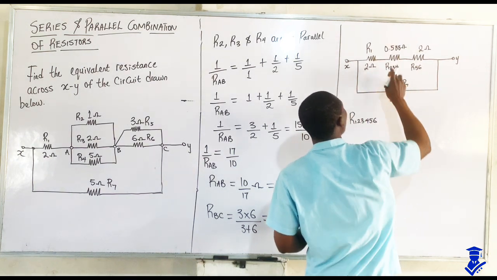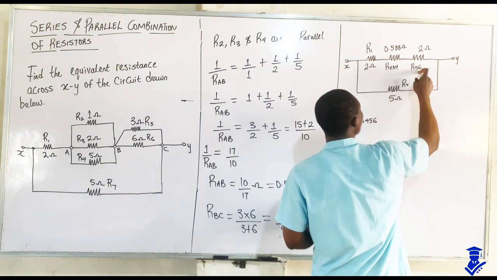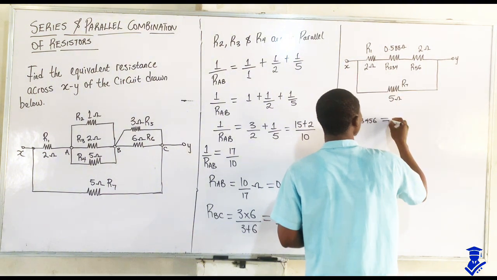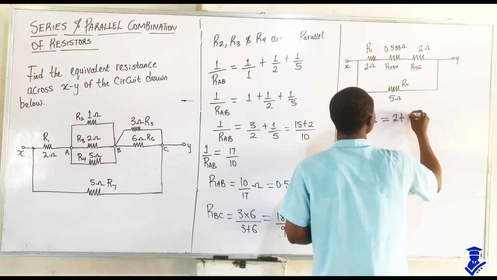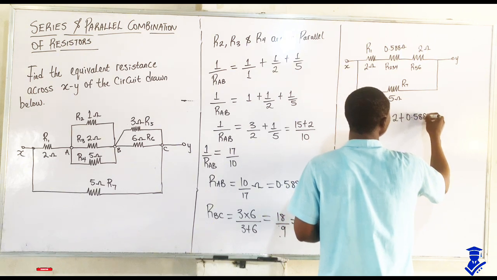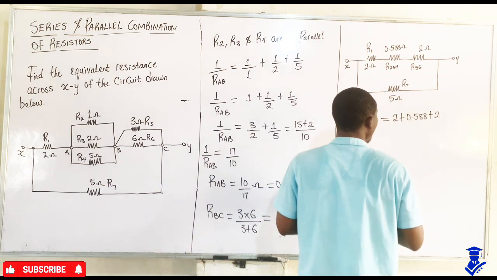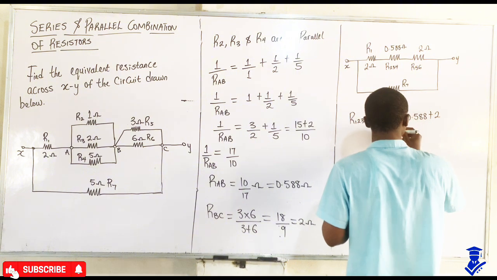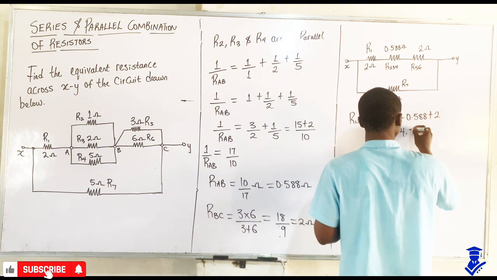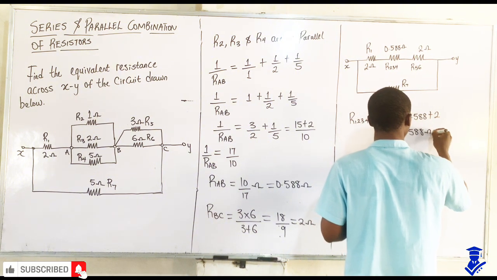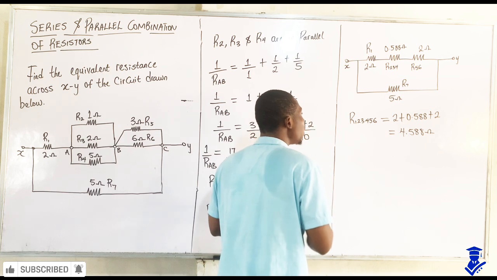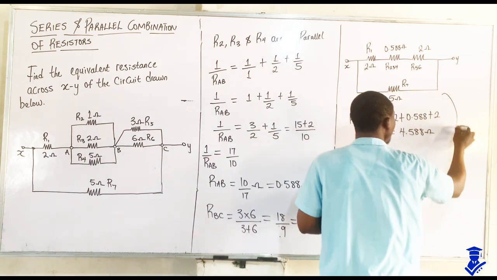That's R1, R2, R3, R4, R5, R6 is going to be equal to 2 plus 0.588 plus 2. So this plus this is going to give us 4.588 ohms.